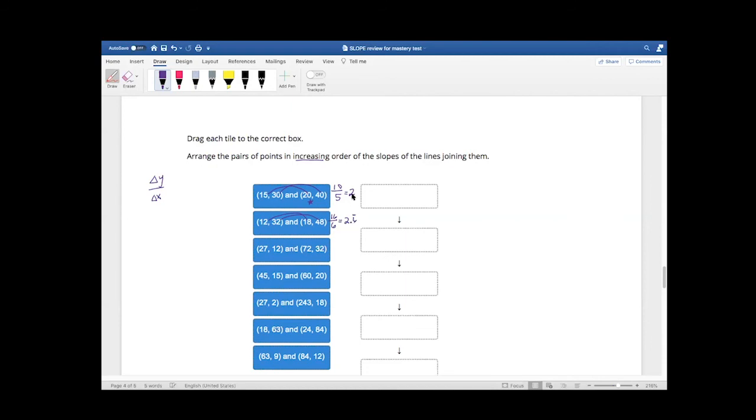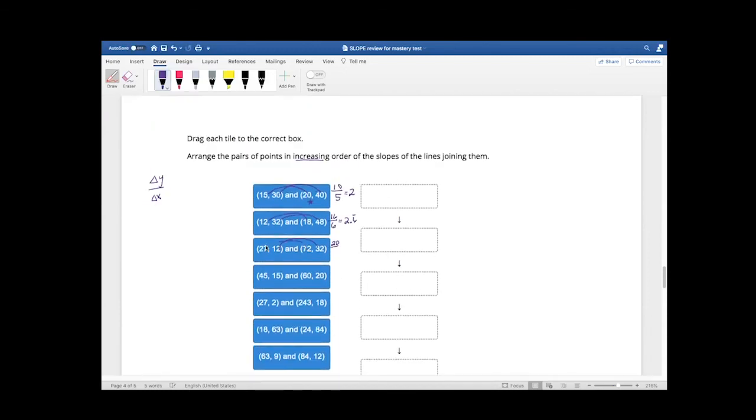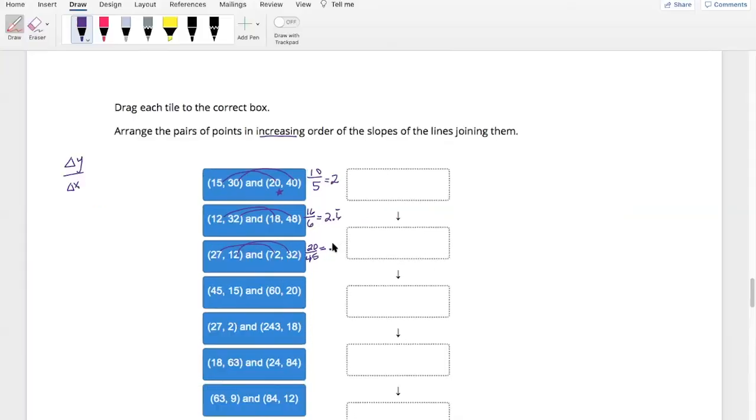So that one's a little larger. All right. 32 minus 12 for our change in y, so that's 20, over our change in x, 72 minus 27, 45. And if I divide that out, that is our 0.4 repeating.